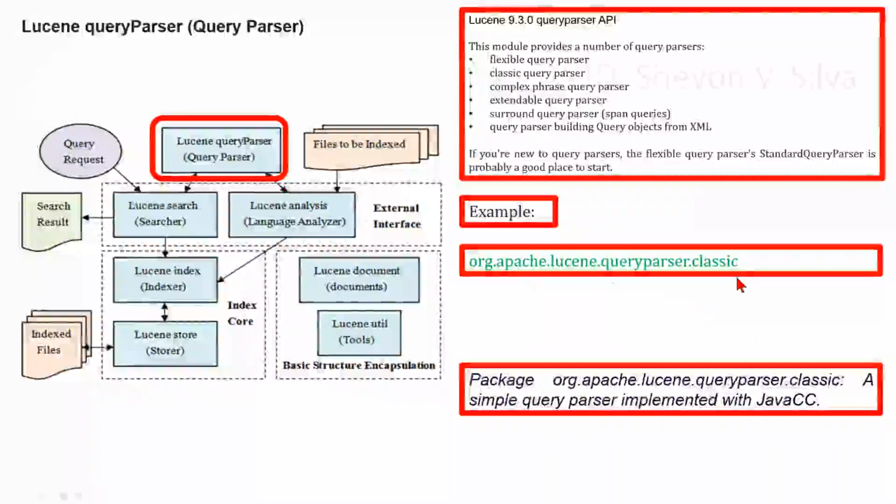As an example, we can consider the org.apache.lucene.queryParser.classic package, a simple query parser implemented with JavaCC.